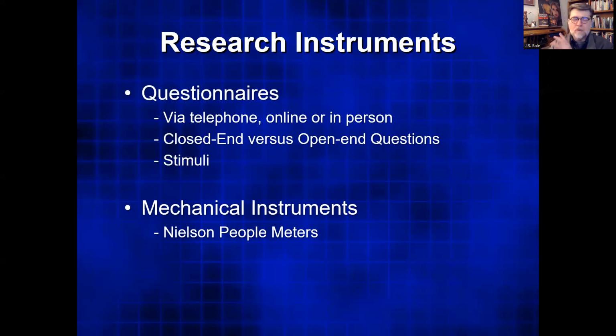What they would do is approach various people in various demographics that they were interested in, and say, can we put this box on your TV? We'll pay you so much a month, and all you have to do is watch whatever you watch. You don't have to do anything special. Basically they were paying these people so they could be monitored. They would note your demographics, your age, your gender, your ethnic background, that sort of thing. And they would monitor that, and they could tell certain shows attracted certain audiences.